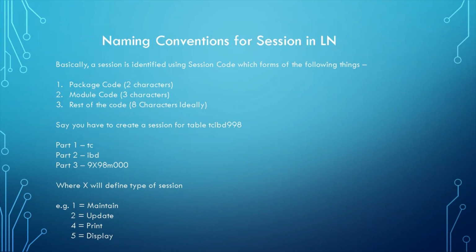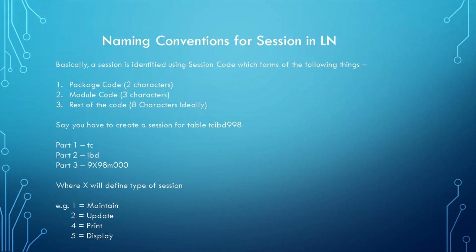So say for sales order, it's going to be TDSLS4100M000. To find purchase order, you have to go to TDPUR4100M000 and likewise. So these are called session codes.